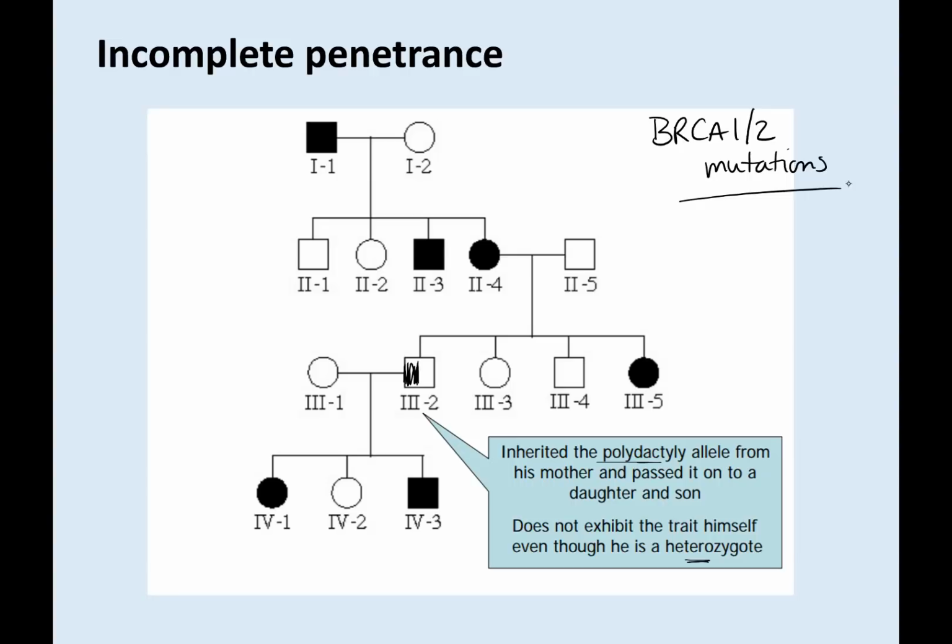So it has incomplete penetrance, and in this case also variable expressivity, depending on age and environment. The phenotype can be expressed differently. So the big take-home message from incomplete penetrance is just because you have a specific allele doesn't mean you're going to show it.